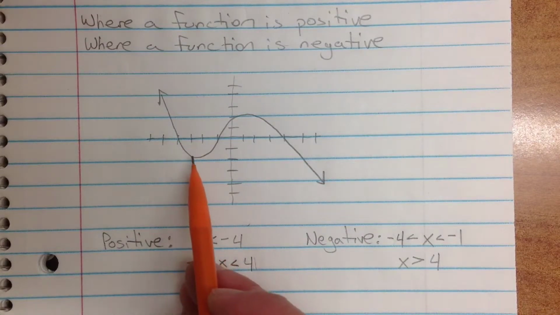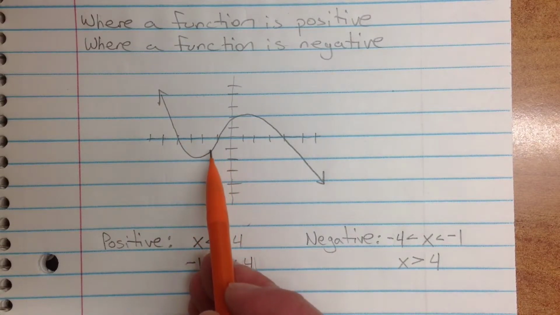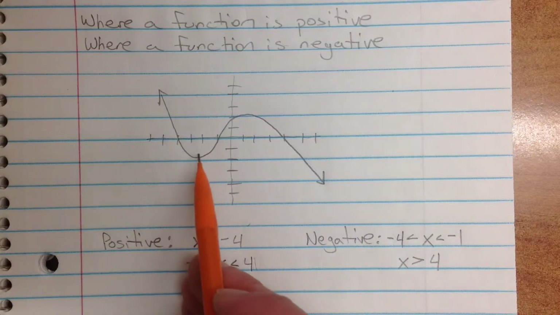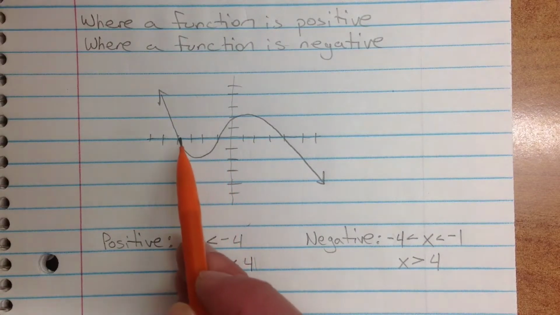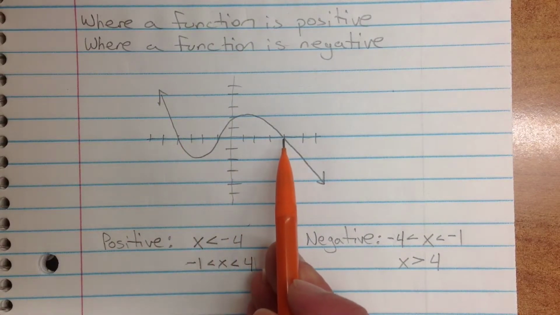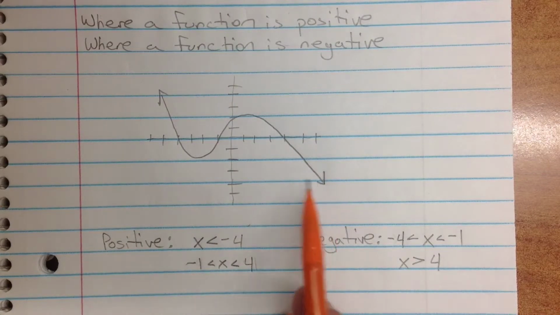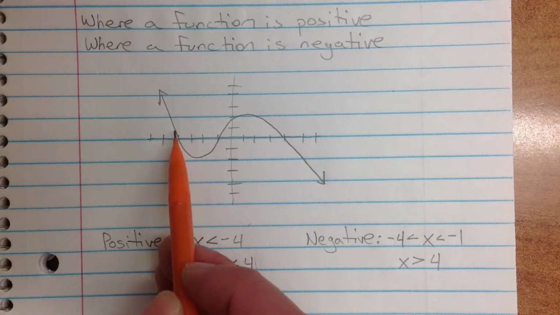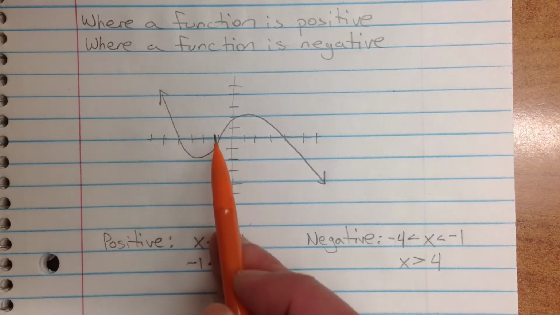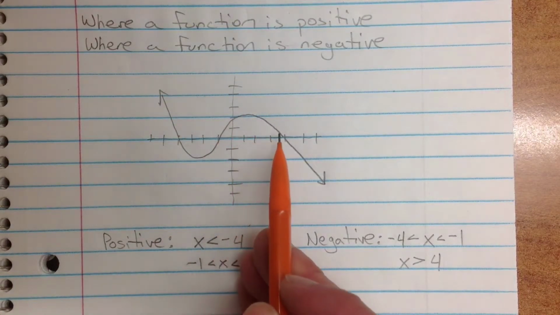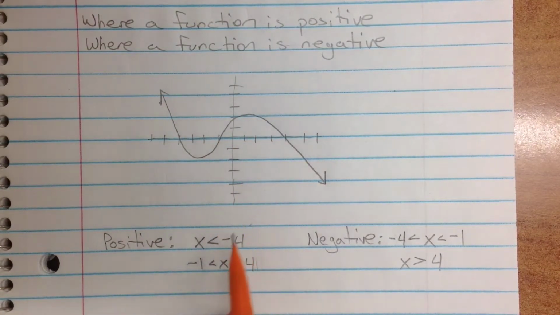So this part is where the function is negative because it's below the x-axis. This function is also negative down in this area. Where is it positive? Well, up above the x-axis, we're getting positive y values. Our function is positive there.